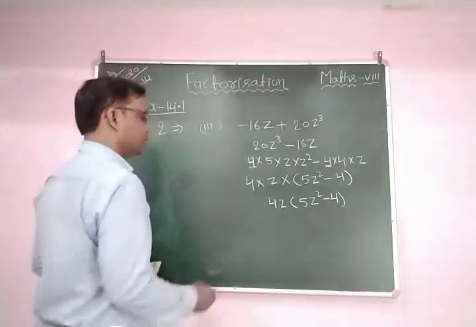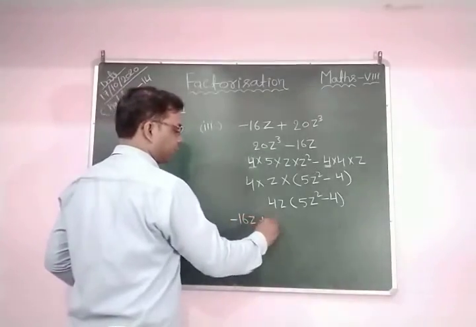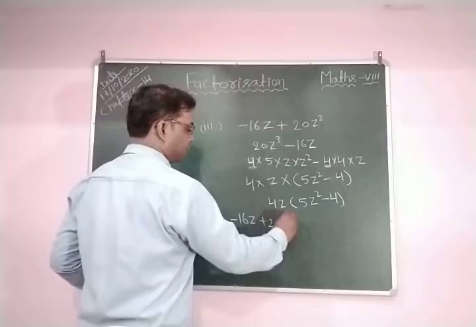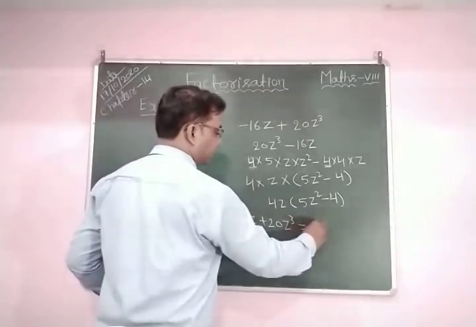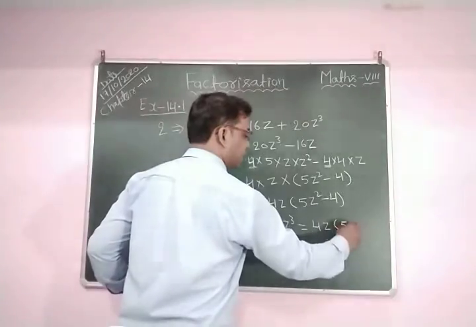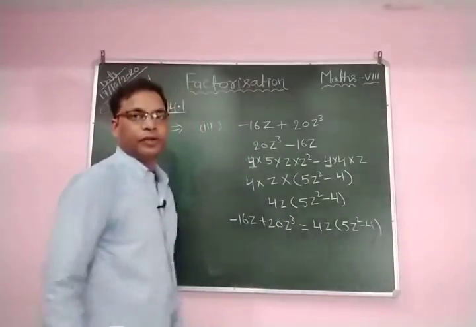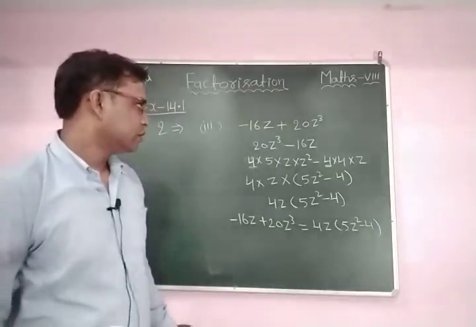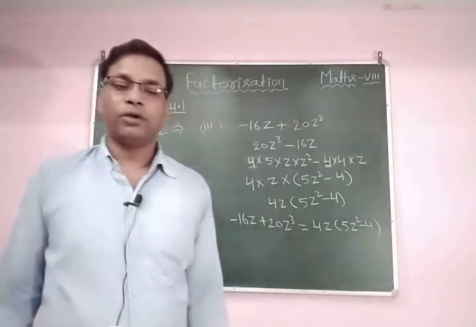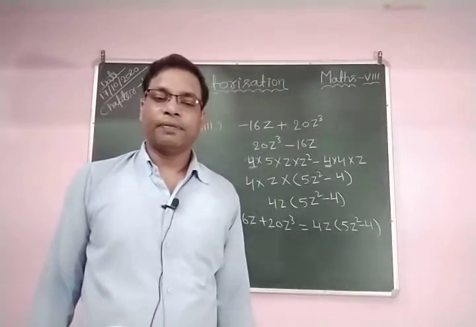Clear? Or you can write minus 16z plus 20z power 3 is equal to 4z into (5z square minus 4).